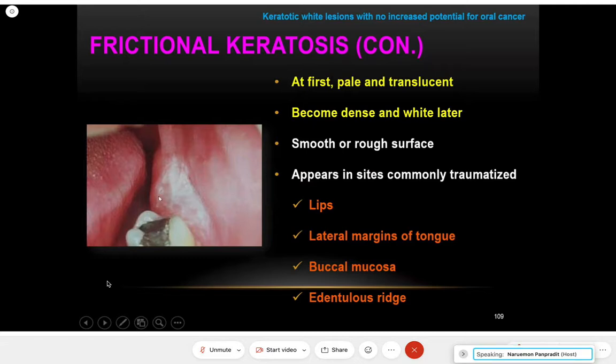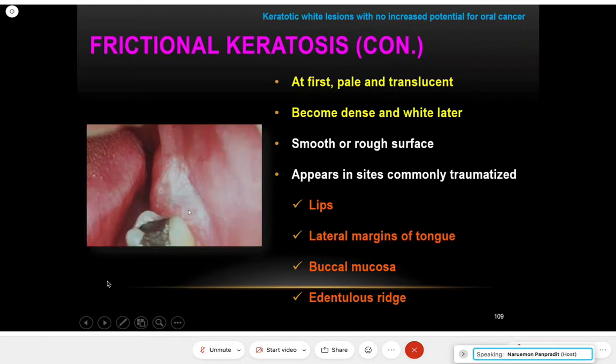What is the possible cause for the frictional keratosis in this picture? Biting the cheek on this area. The opposite tooth, maybe tooth number 28, maybe supra-eruption, and bites on this area.